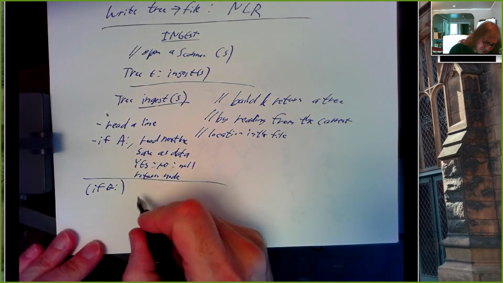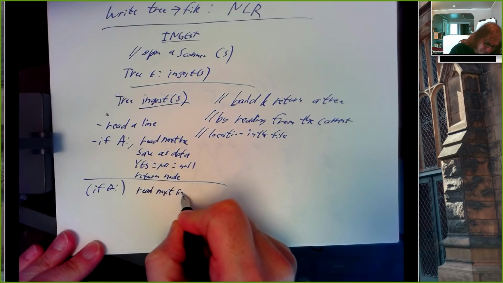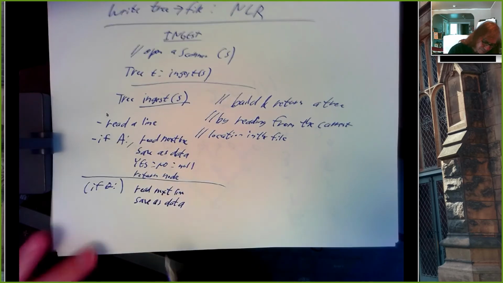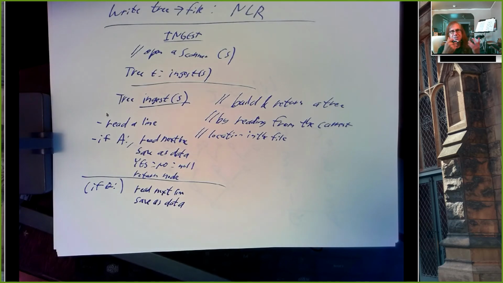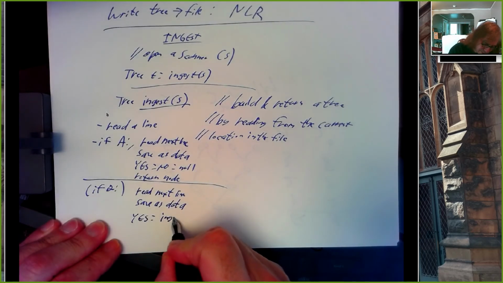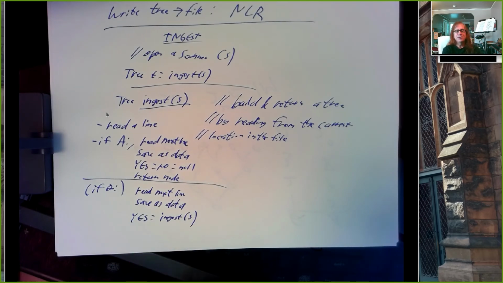So if it's a question, read the next line, save that as the data, and set your flag if you're using a flag to say this is a question. And now set yes equal to ingest S. So call the ingest method recursively now, and whatever tree that returns, that's what the yes node is.